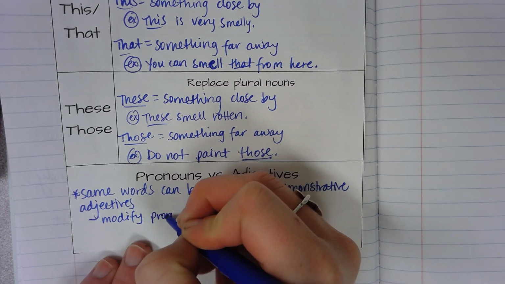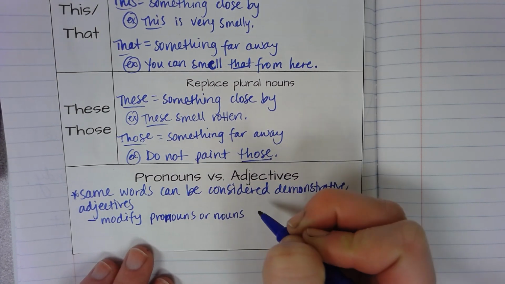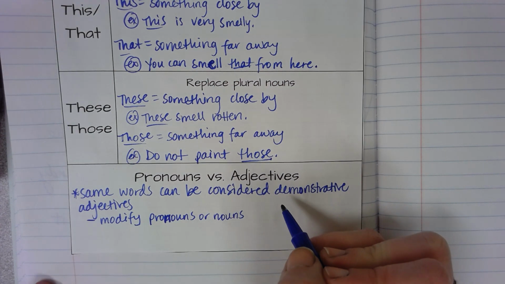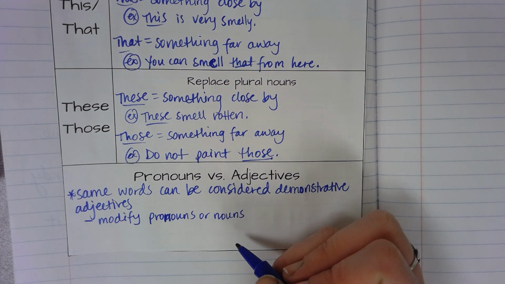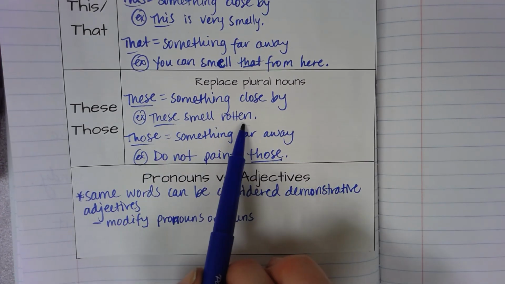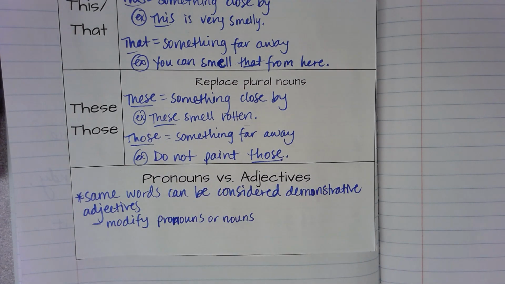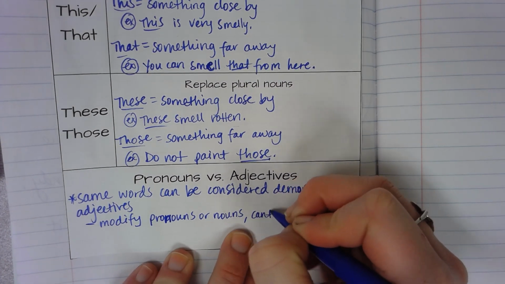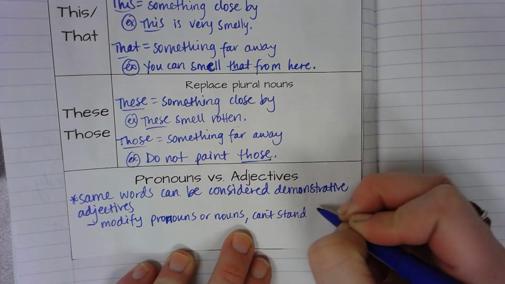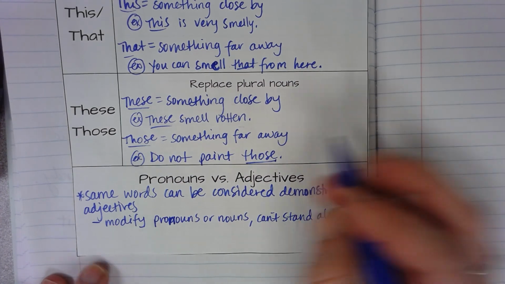Sorry, I can't spell today. So they're acting as a descriptive word, which is what an adjective is. It's describing a noun. So they're not replacing the noun. It's not just by itself. Like, these smell rotten. It would say these shoes smell rotten because it's describing the shoes. Not just saying any old shoes, but these specific shoes. They can't stand alone or play the role of a noun.